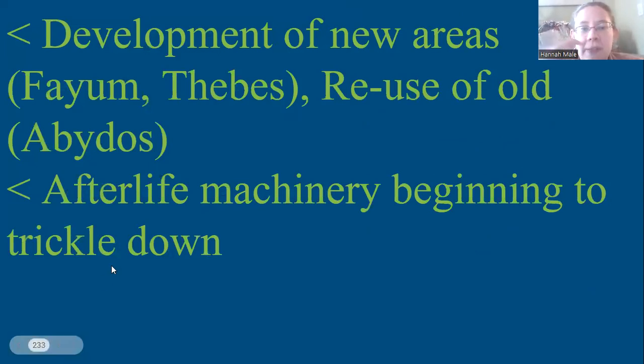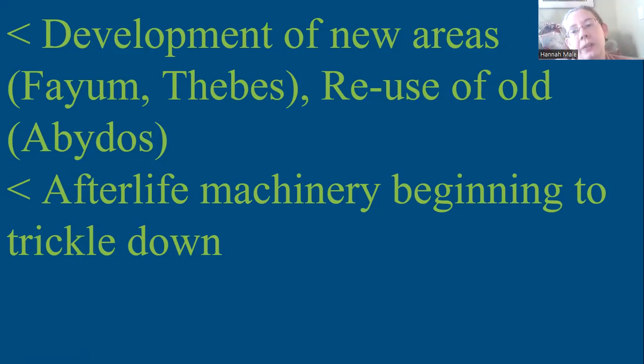So some of these things I've already talked about a little bit. We have development of new areas, the Fayum, Thebes, but we also have reuse of the old, just in different ways and with different emphases. So Memphis is still lived in, it's still used.